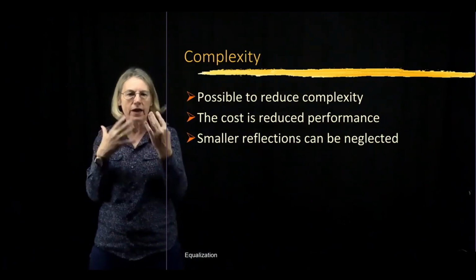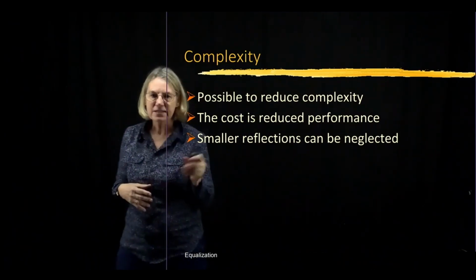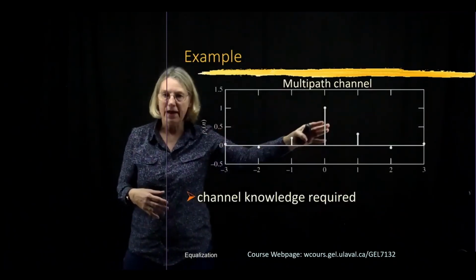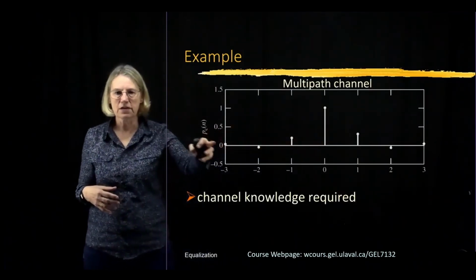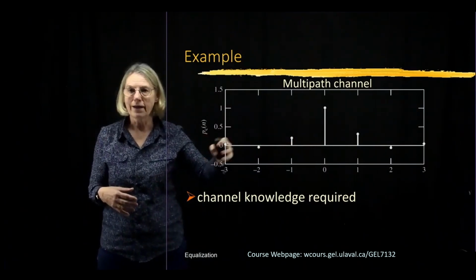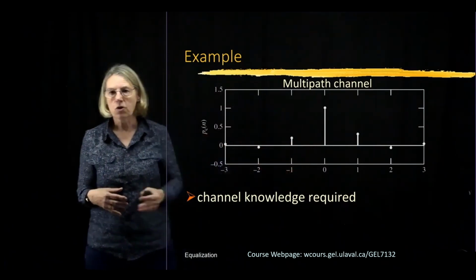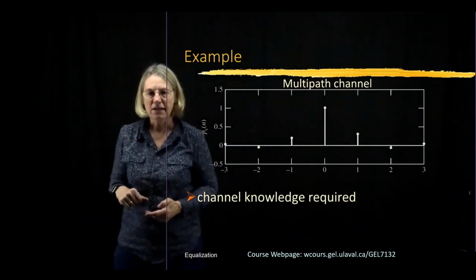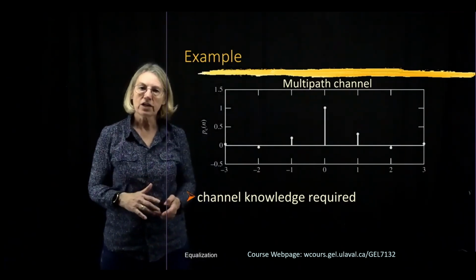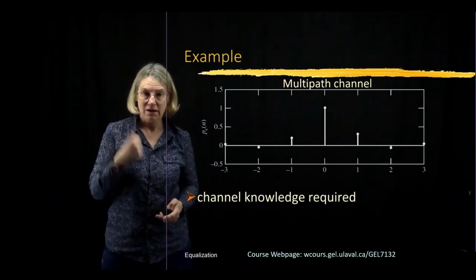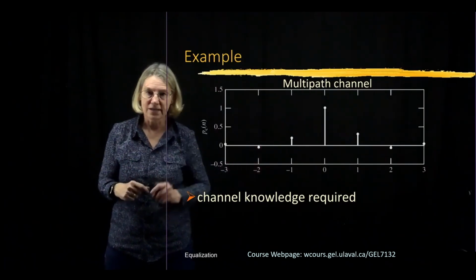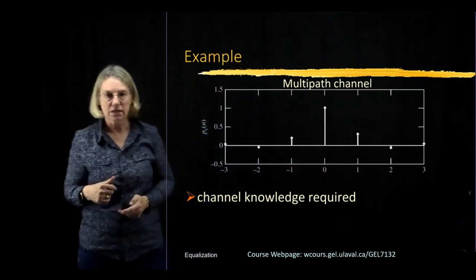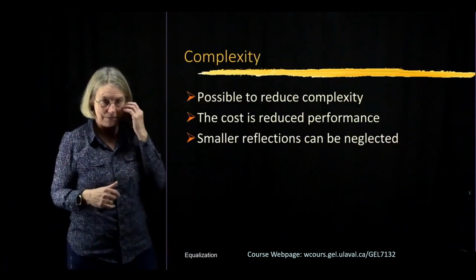There's some way I can play with it. For instance, if I look at this multipath return, I could think of it in terms of some of these being really small and not mattering so much. So that's one way that I can play with the complexity in this example. And in fact, in this example, we're only going to use 3 taps in our equalizer to try and equalize the intersymbol interference, even though there are 7 taps in this channel.